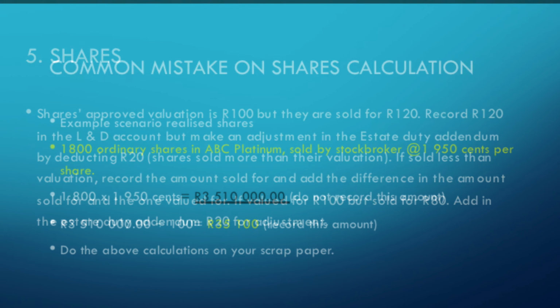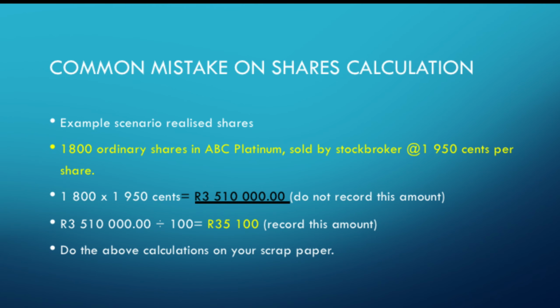Then a common mistake when people are calculating shares, this is what they do. Look at this example scenario of realized shares: 1,800 ordinary shares in ABC Platinum sold by a stockbroker at 1,950 cents per share.